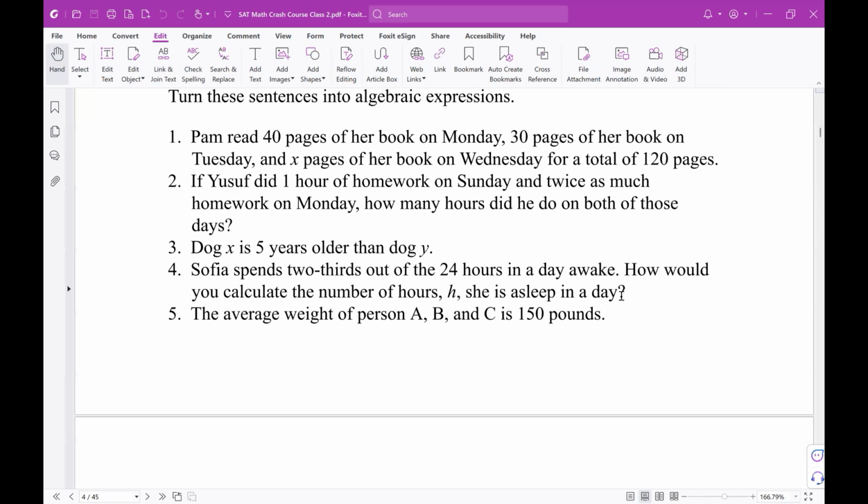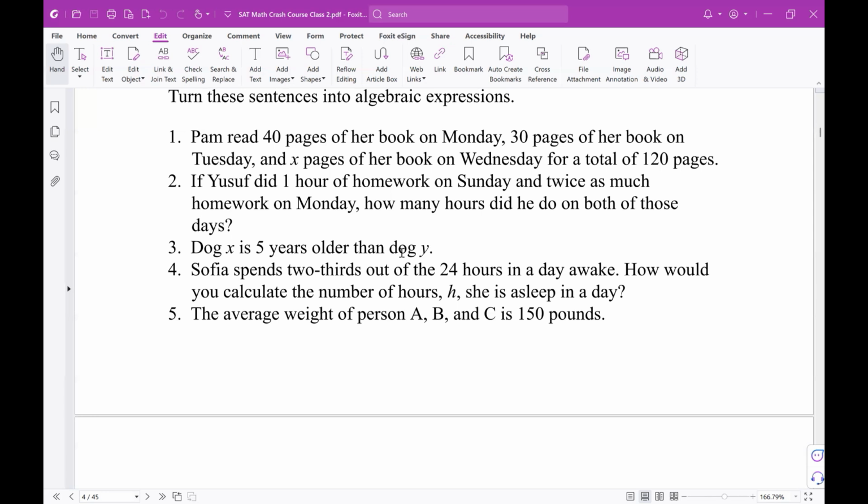You can solve this problem in two methods. The first method is you take two-thirds of 24 hours and get an answer, and then you subtract the answer from 24 hours.